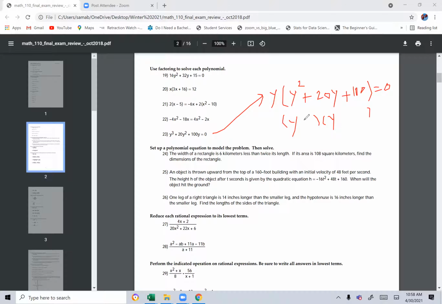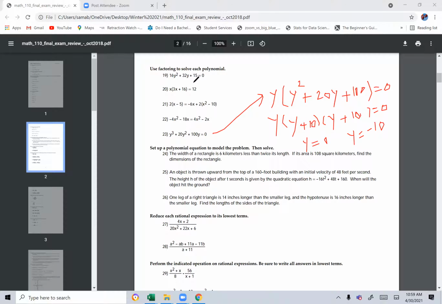Well, the only two numbers, guys, are 10 and 10. And don't forget about the y also, equal to 0. So now y equal to 0, that's one solution. And y plus 10 equal to 0, guys, that will give you y equals negative 10. So this equation has two solutions, 0 and negative 10.